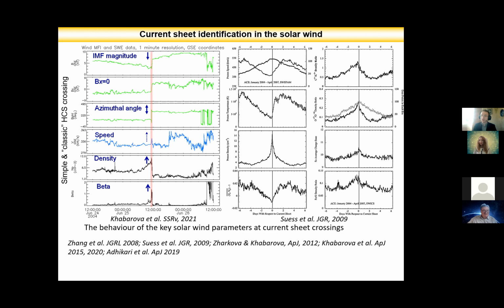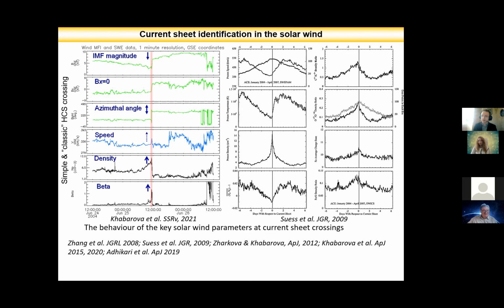Yes, the automatic method, as I actually said, is never going to be as accurate as just doing it by hand. Luckily, machines have not yet surpassed humans in every aspect. But the main goal of this method and the database is to catch the bulk of the current sheets.